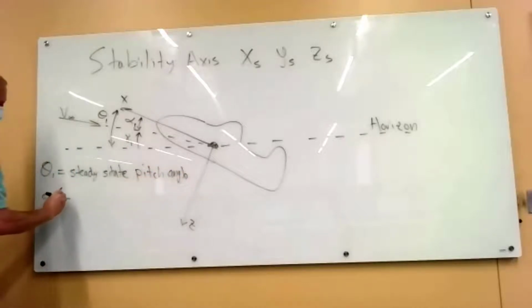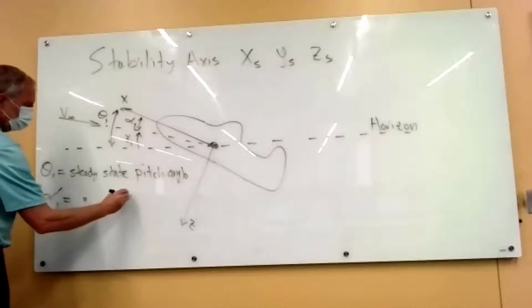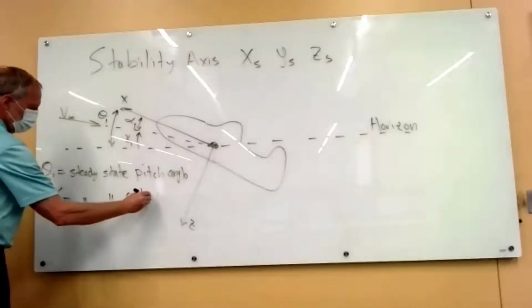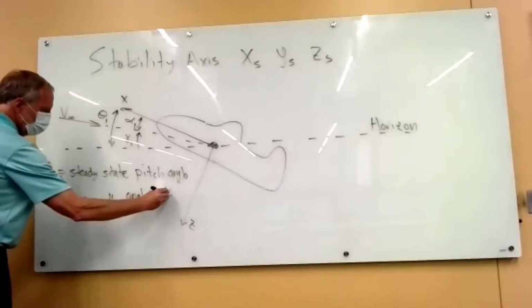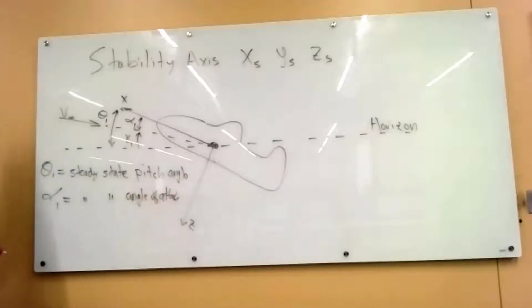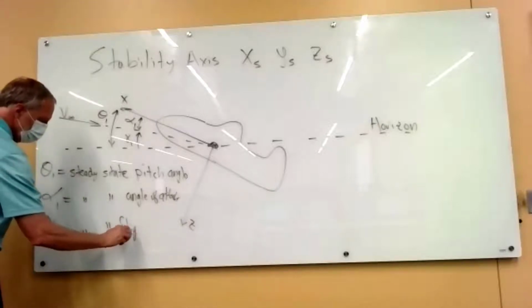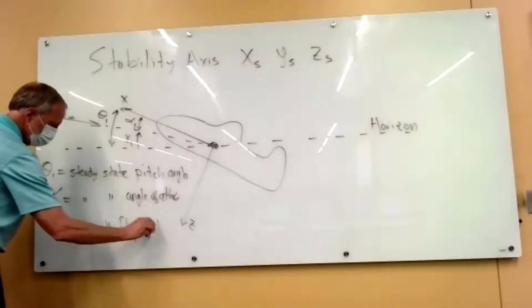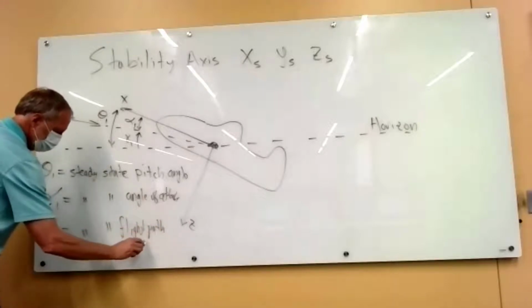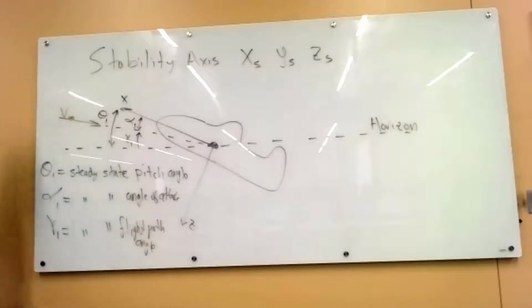Alpha 1 is the steady state angle of attack. And what am I needing? Theta, or gamma. Steady state flight path. Right, so that's nothing new.